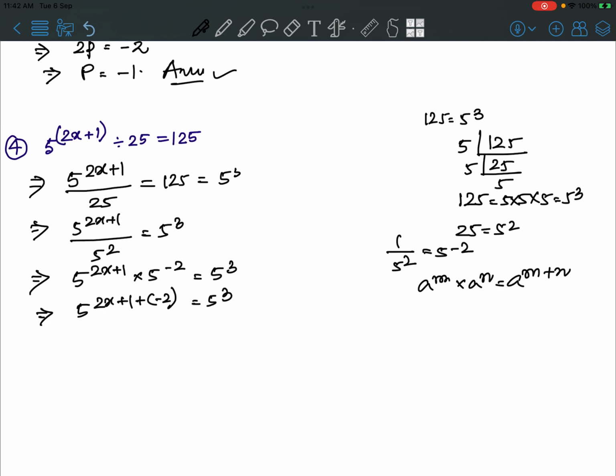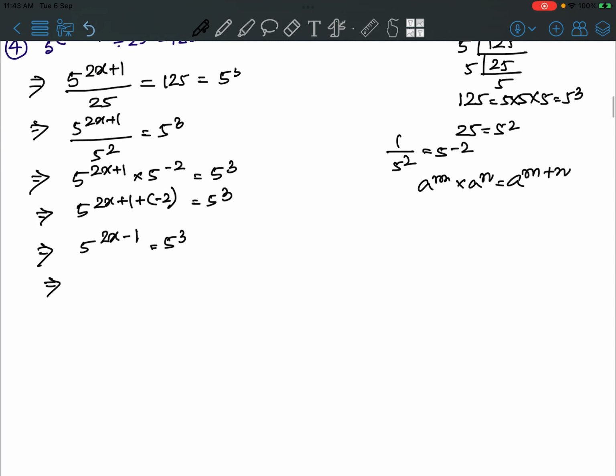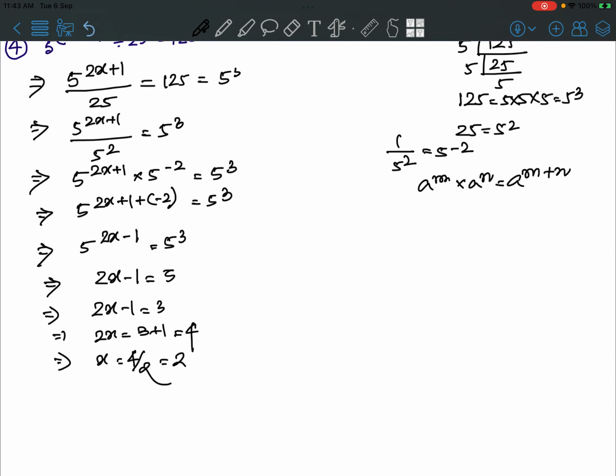So 5 to the power 2x minus 1 equals 5 cube. We are seeing the base is equal, so the powers are equal, that means 2x minus 1 equals 3. So 2x equals 3 plus 1, that means 4. Then x equals 4 divided by 2, that means 2.